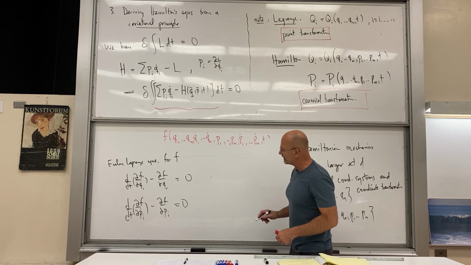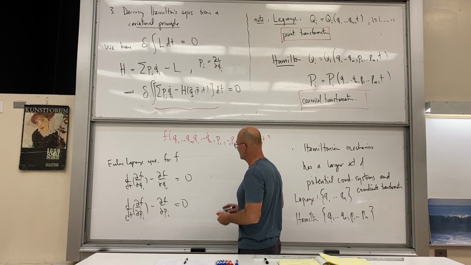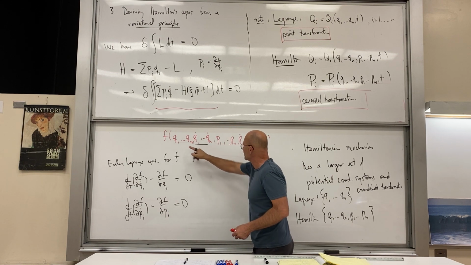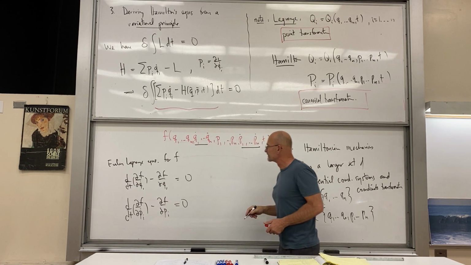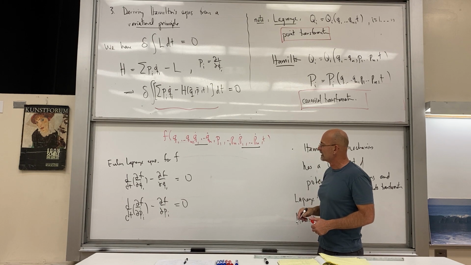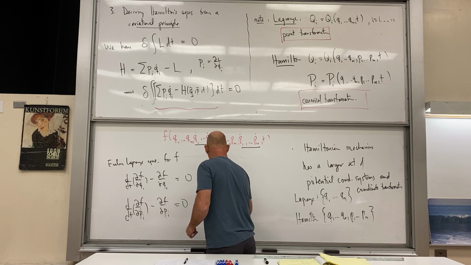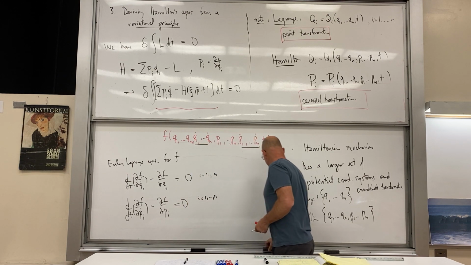And let's see what happens. Okay, we have Q dots, P dots, right? Q and P, Q dot, P dot. So there are two n, i equals 1 to n, i equals 1 to n.